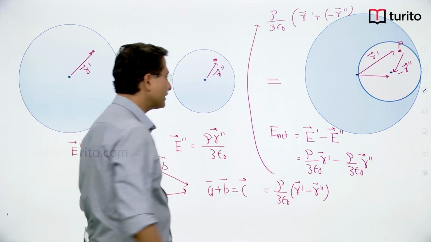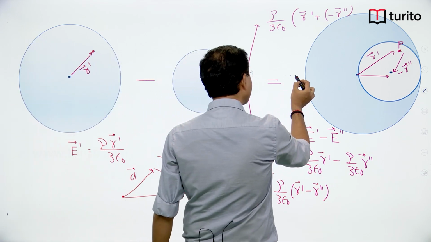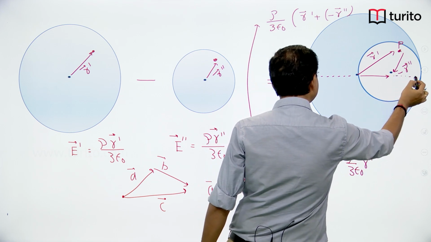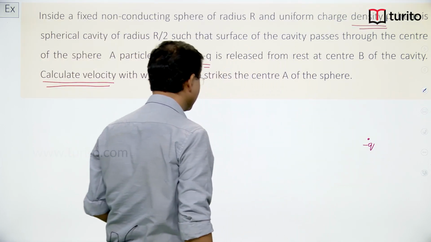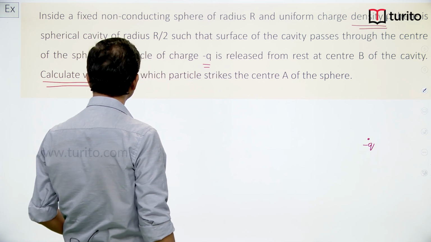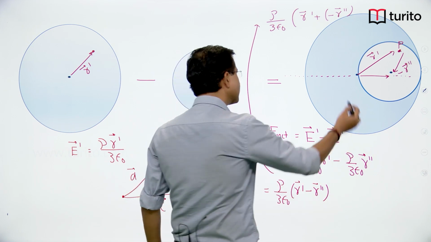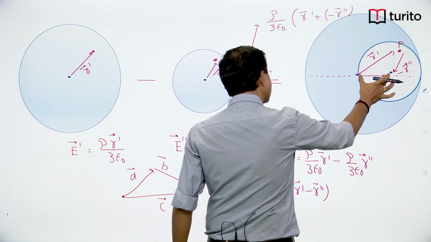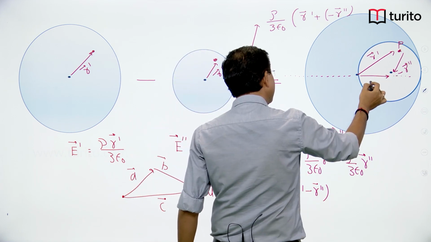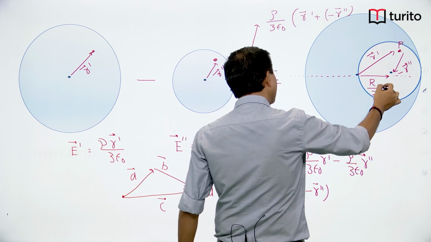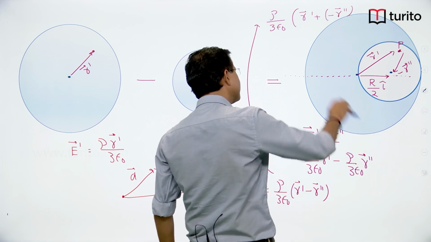And in this situation, if I take this as the x axis, this distance will be r by 2, and in vector form I can write it as i cap if this is the x axis.